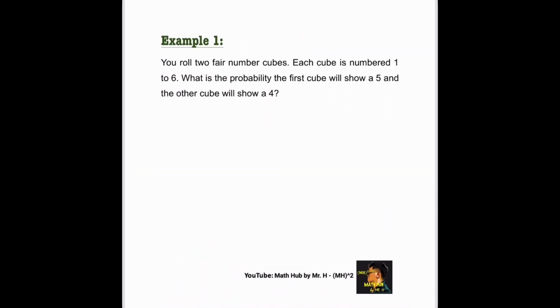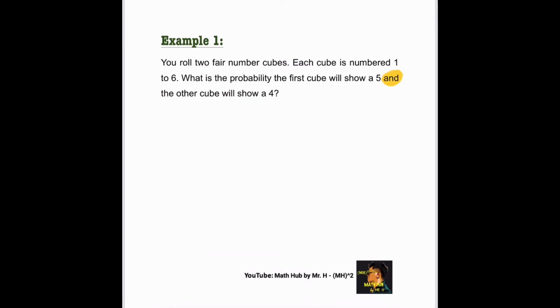So for example 1, you roll 2 fair number cubes. Each cube is numbered 1 to 6. What is the probability that the first cube will show a 5 and the other cube will show a 4? All right, so like what I mentioned earlier, you have the keyword there, which is "and", right?